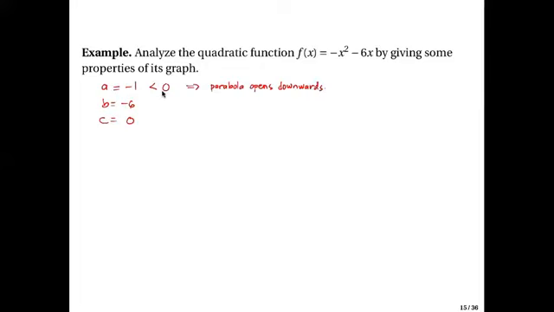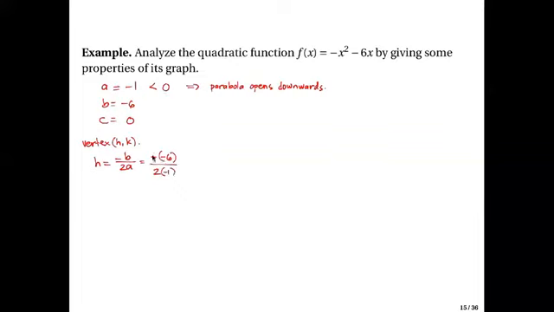Now, let's compute for the vertex. Vertex h comma k. So h, please remember, is negative b over 2a. So this is equal to negative of negative 6 divided by 2 times negative 1.